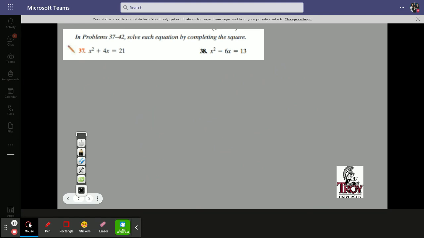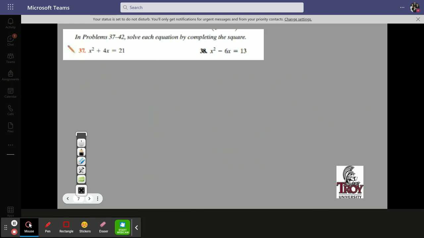All right, so when A is 1 and B is even, it's always easiest to complete the square. If A is greater than 1 or B is odd, then don't do it. Use your formula. It doesn't make any sense to.